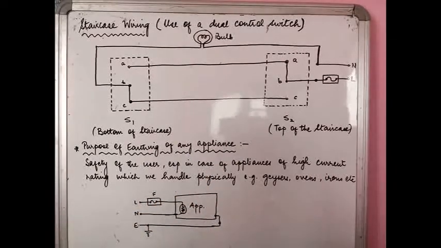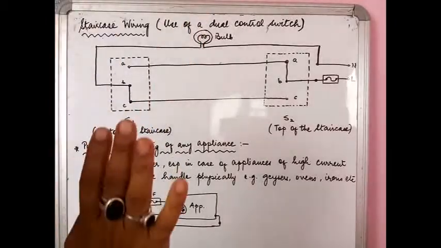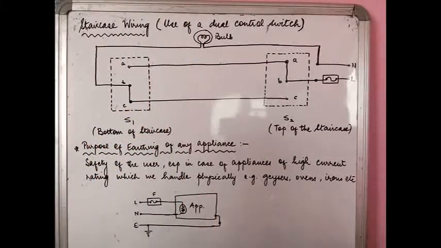We don't touch the bulb every day. We only put it in the socket and we operate using a switch. We do not touch smaller electrical appliances, but appliances like these we often touch. So we are in constant risk of getting a shock unless there is an appliance earthing.